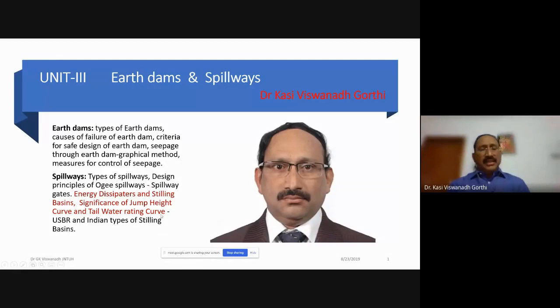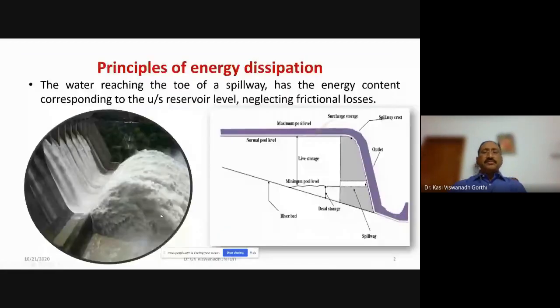When the water is flowing through the spillway from higher levels to the lower levels, that means from the upstream reservoir level to the downstream level of the dam, there will be a conversion of energy. Why does it happen?